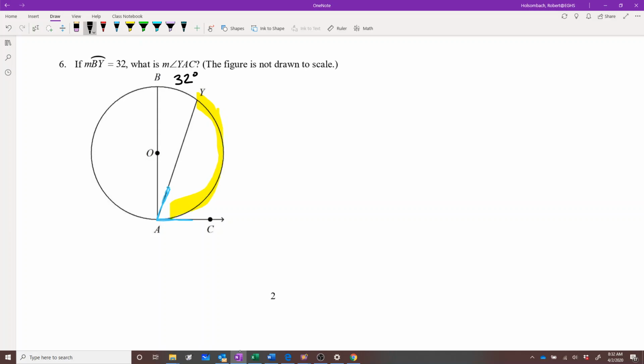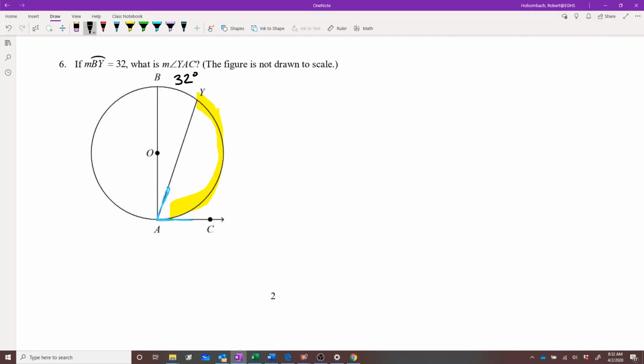Well, this segment BA, it goes right through the center of the circle, which makes it a diameter, so it cuts the circle in half. Alright, so the right half of this circle, these two arcs have to sum 180.